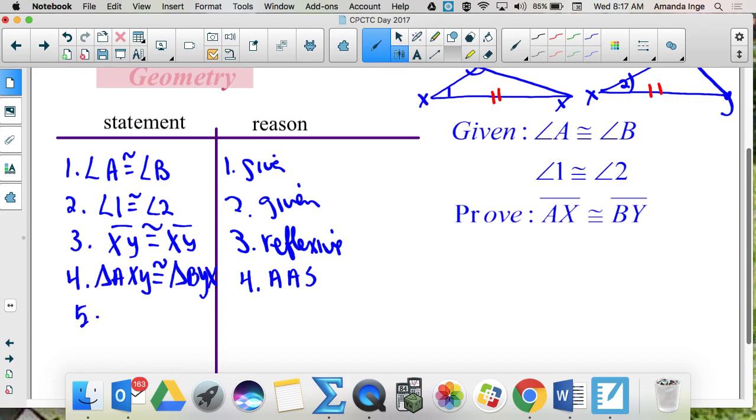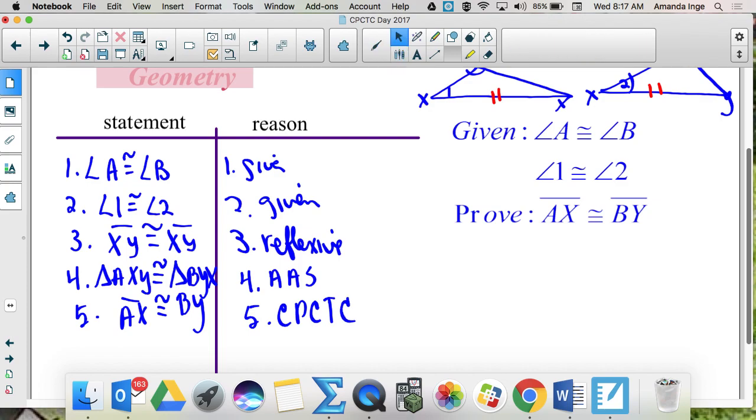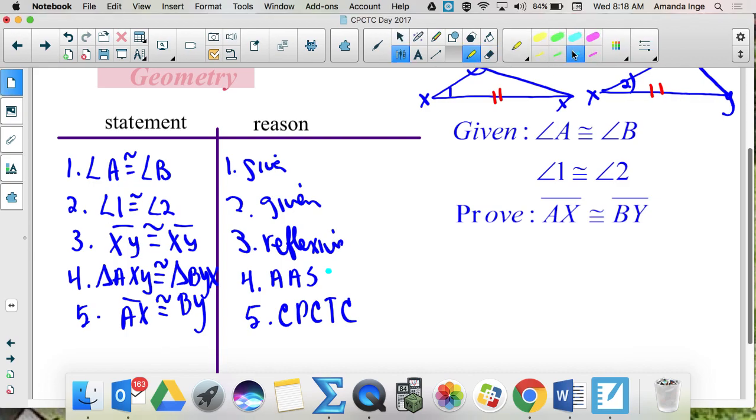And this reason we've already given was angle, side. So now we can say AX is congruent to BY using corresponding parts of congruent triangles are congruent. So once again, you have to prove the triangles are congruent before you can say that any parts are congruent. Okay? All right.